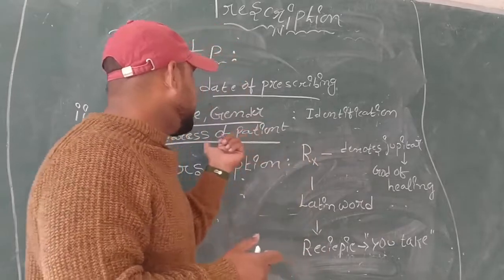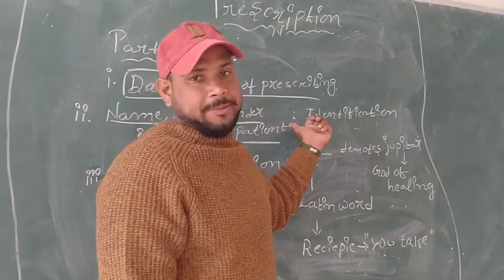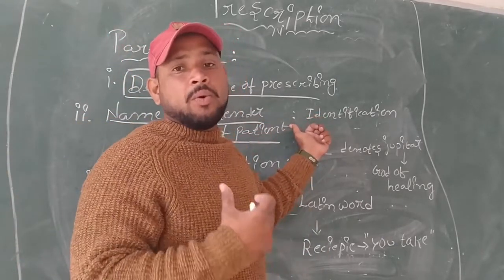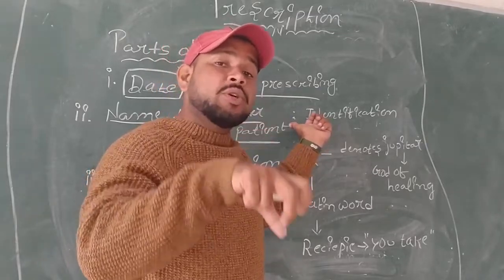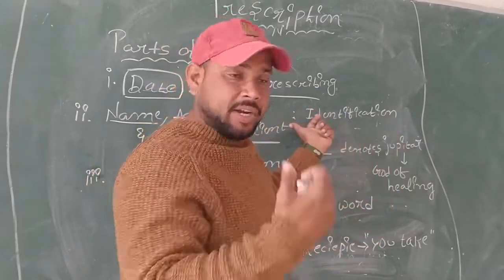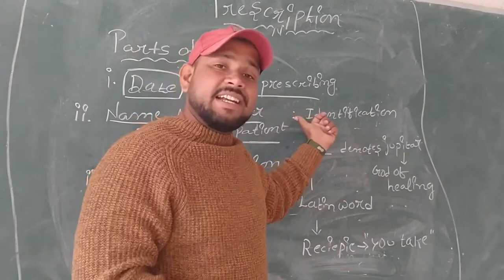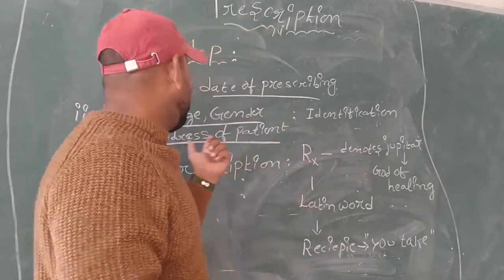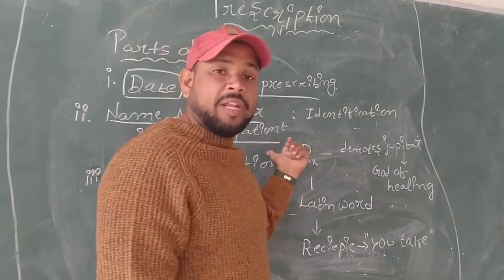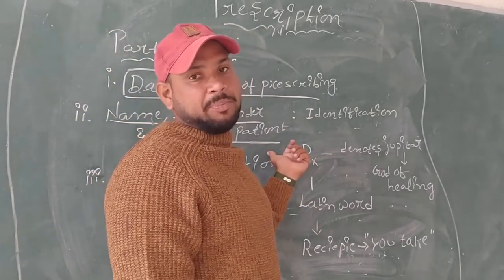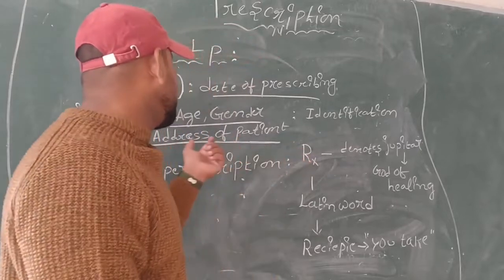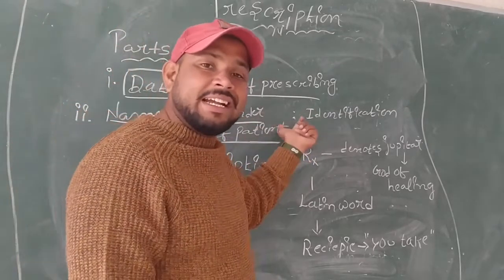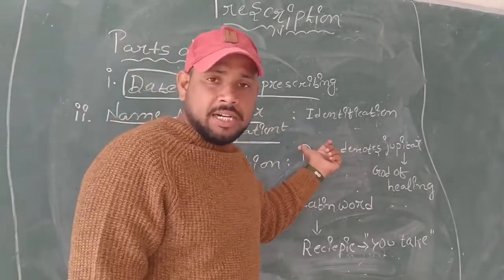It is nothing but the identification of the patient. According to his age, the dose is prescribed, and according to the gender, the dose is given by the doctor. And the address of the patient is useful if any complication occurs. Like that, this part is useful.